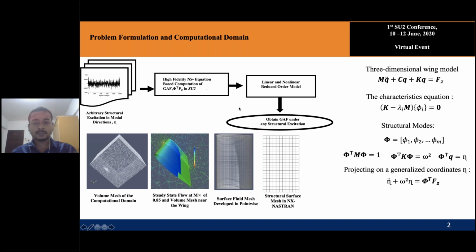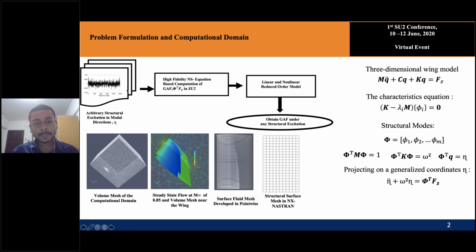Now let's look at my problem definition, like what exactly a reduced order model is and how I have implemented it in the SU2 framework. I have to excite the aerodynamic surface, like the wing, in the modal directions, which is eta, under white Gaussian noise signals.